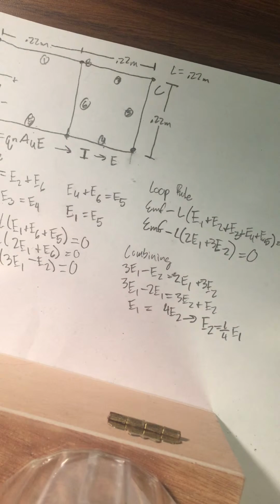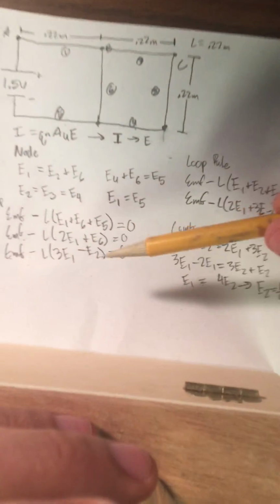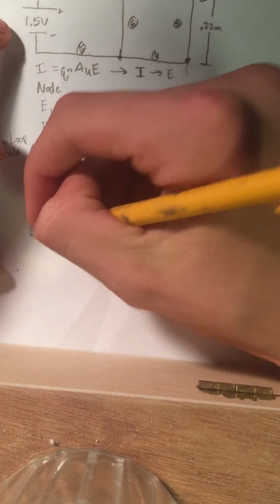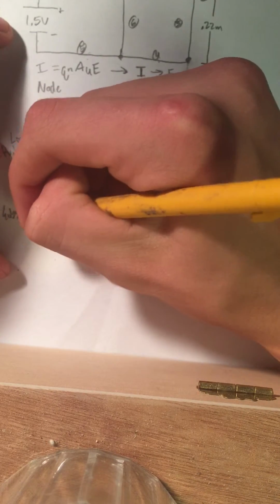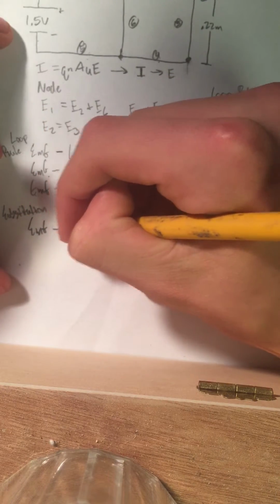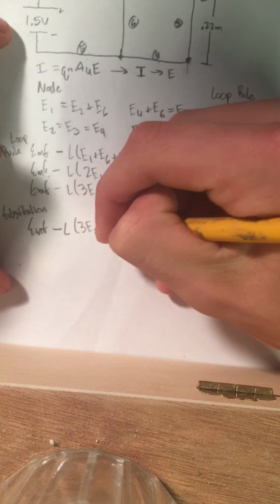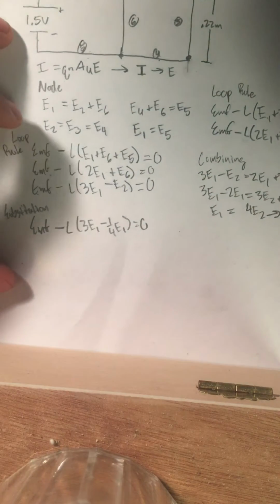Okay. Now at this point, we're going to go back in and substitute this 1 over 4 E1 into E2 in the very first equation that we derived for the small loop here. So I'm just going to move this down a little bit. And we're going to say that EMF, this is going to be the substitution step. And we're going to say EMF minus L times 3E1 minus 1 over 4 E1 equals 0.